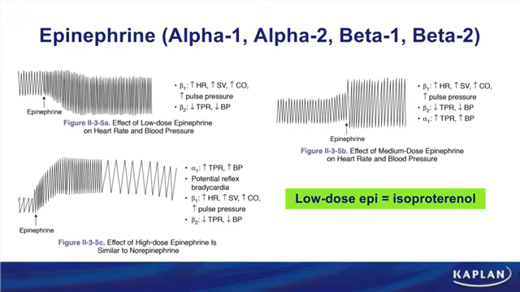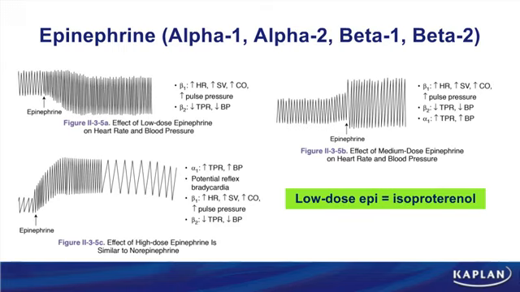If you go to the bottom of the page and you look at high-dose epinephrine, high-dose epi is going to be very alpha-like. I'm certainly going to see alpha-1 vasoconstriction, increasing TPR and blood pressure. I do see an initial beta-1 effect to increase the heart rate, but shortly I see that action is overcome by a reflex bradycardia.